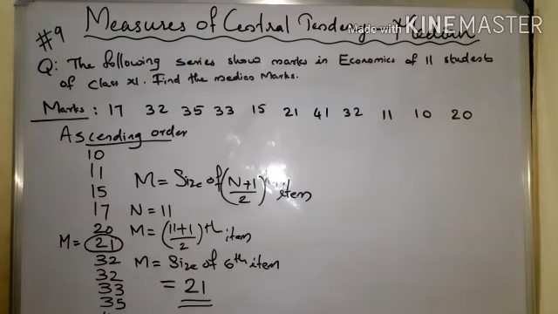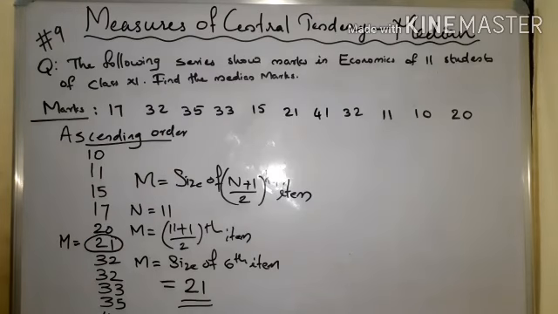Two important things you have to remember when doing this problem. First and most important, arrange the series into ascending or descending order, because the marks given in this question are not in an arranged way.